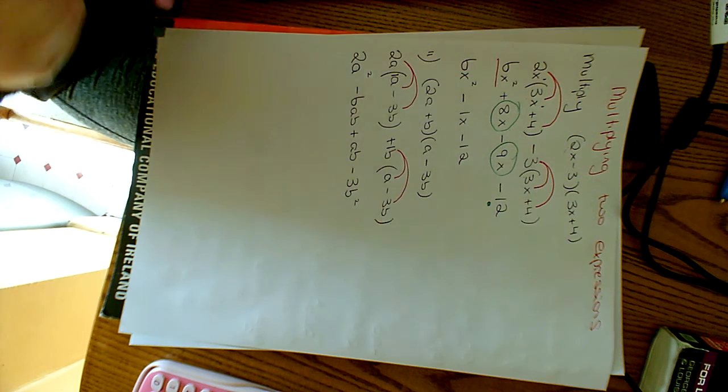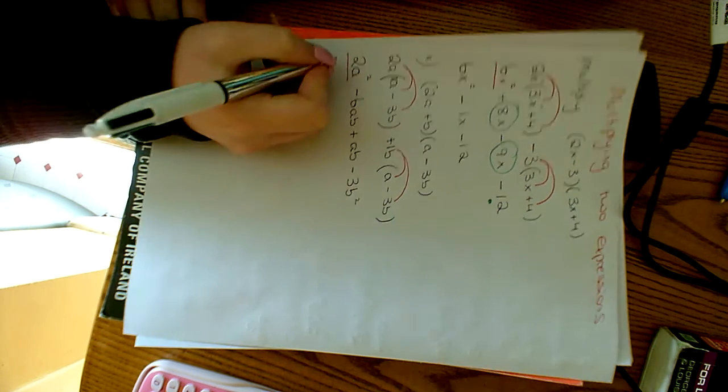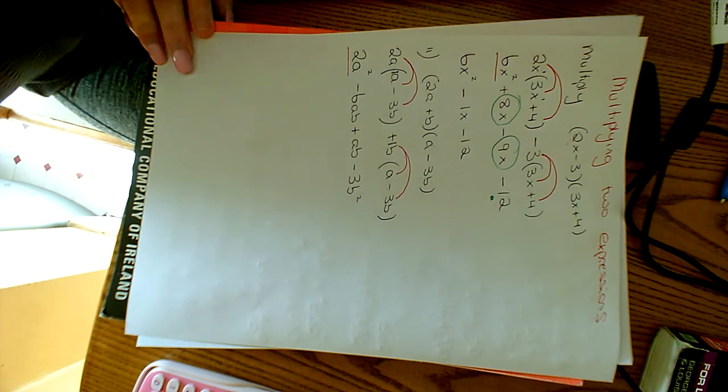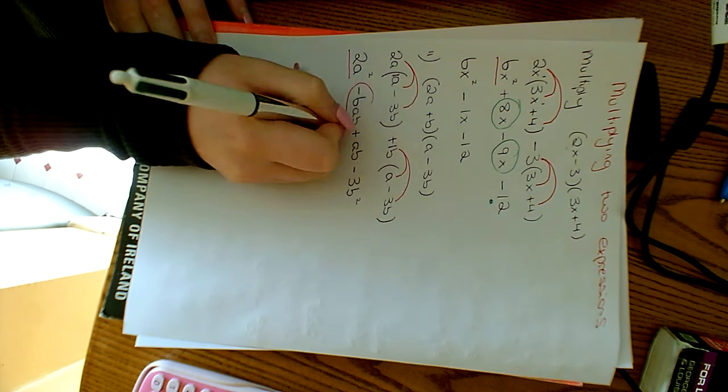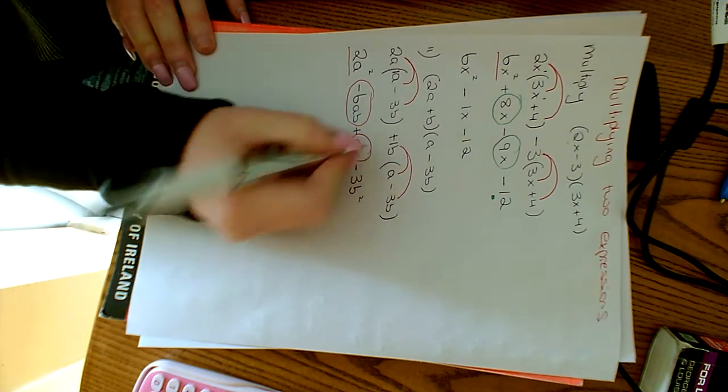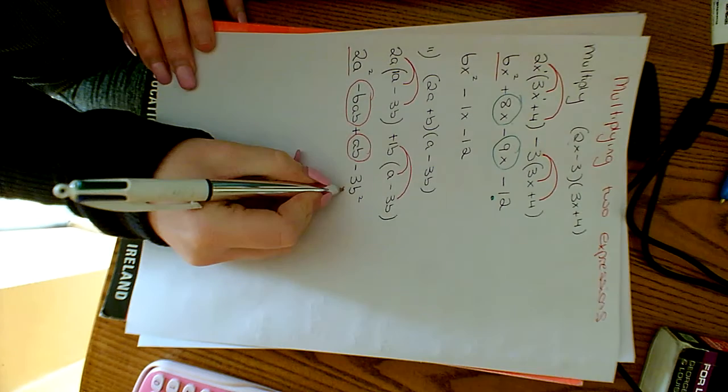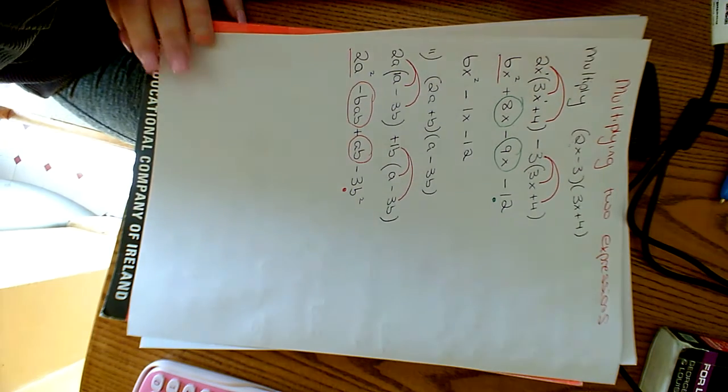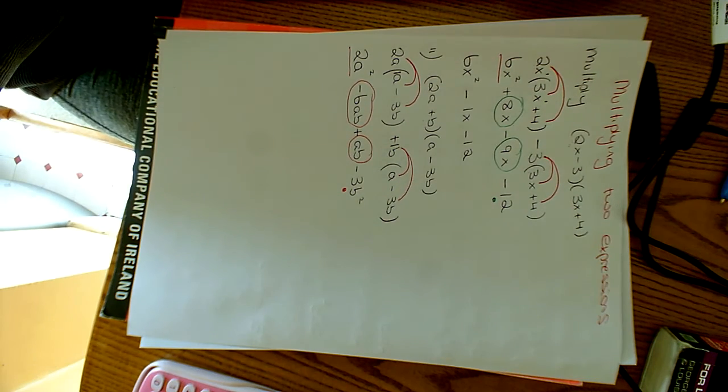Now I need to underline things. 2a squared, I have nothing else to add that with. I circle my 6ab and I circle my ab, they go together, and this one I have nothing to add with either, because we can only add like terms.